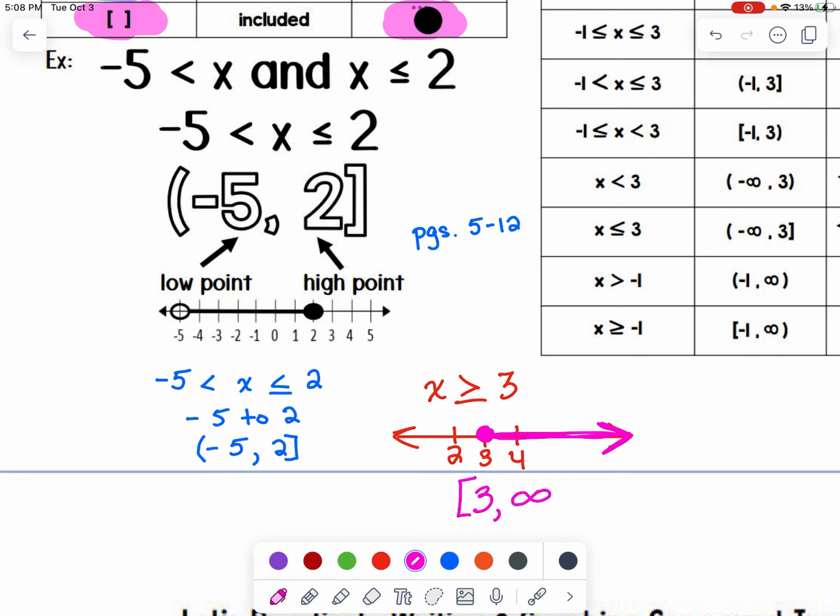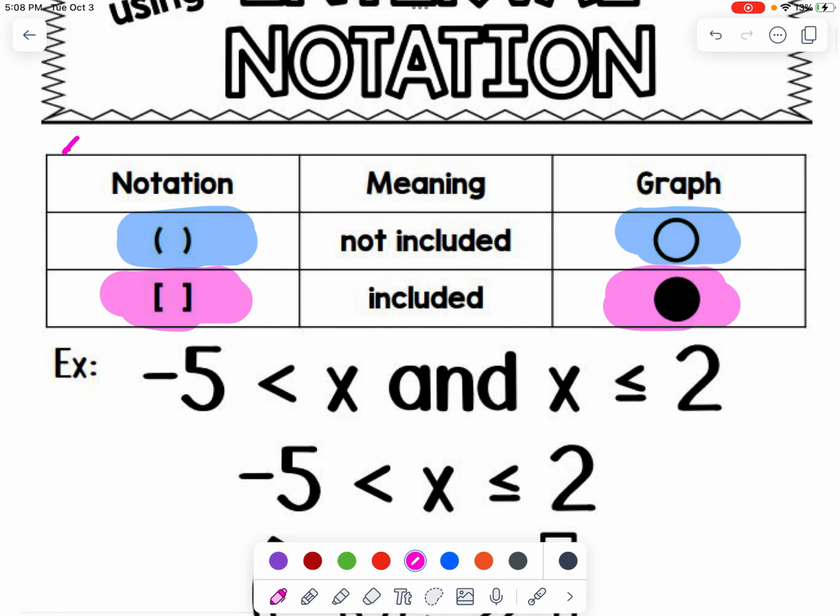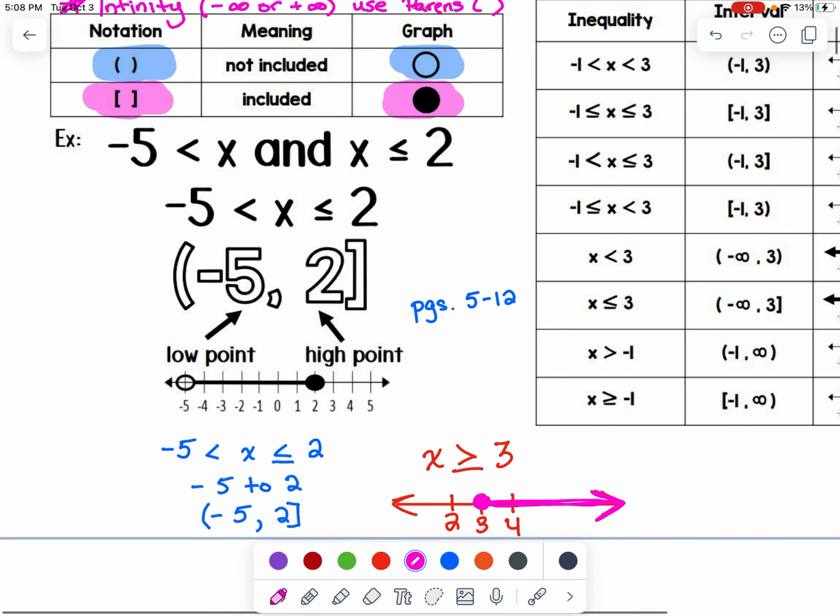Infinities always get a parenthesis, whether it's negative infinity or positive infinity. If it goes to the right, it's going to be positive infinity.